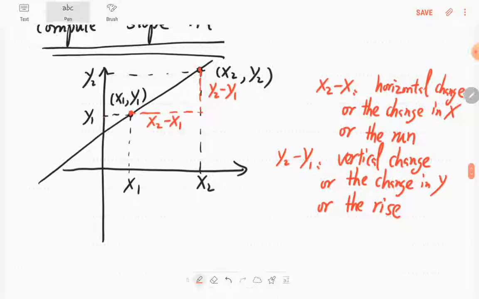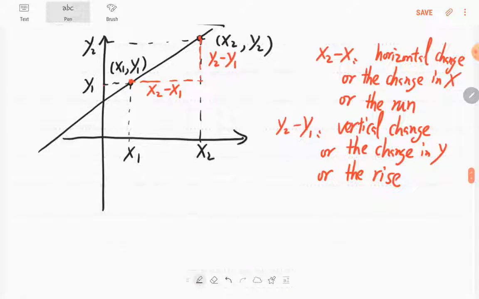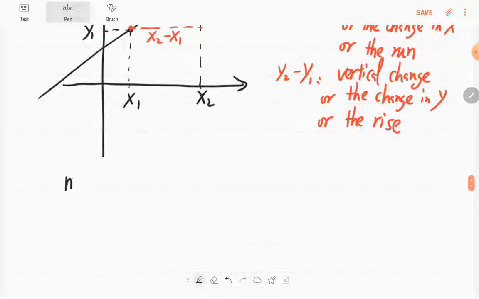Okay, so how do we define the slope? The slope is actually the rise over the run.